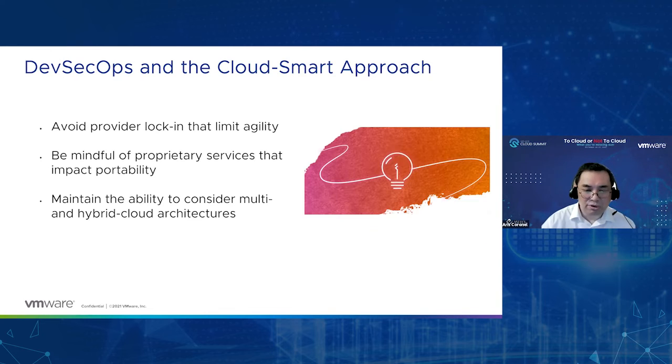However, there are some things that you need to watch out for, because while the cloud enables agility, it promotes faster change, the cloud can also undercut your agility in one critical aspect, provider lock-in. Because once you have heavily invested in a certain cloud platform, it's often hard to move to another cloud provider, right?